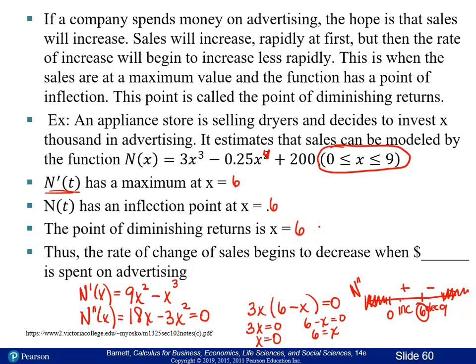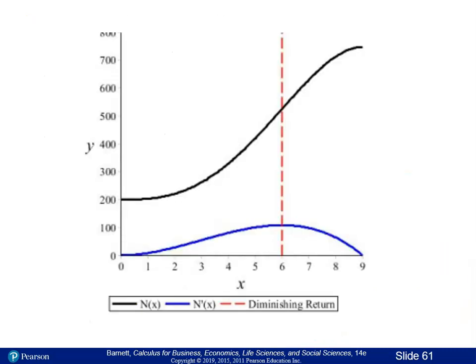In other words, after $6,000 in investments, you start having a decrease in the amount of sales generated by continuing to put money into the advertising. So the rate of change of sales begins to decrease when $6,000 is spent on advertising.